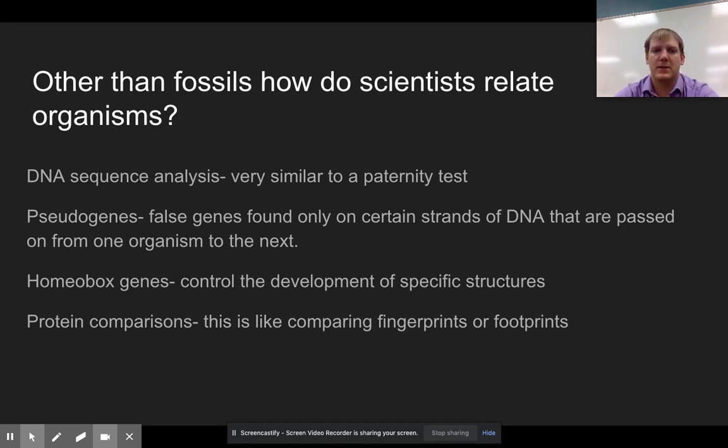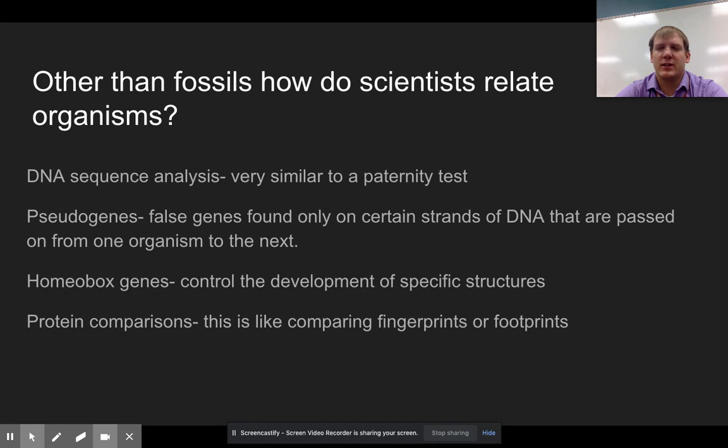Lions have specific genes that don't code for anything, and scientists have been able to find and label those genes. So if we find a specimen and we're not sure what it is, we can look to see if it has this specific sequence of genes. If it does, then it's more closely related to whatever species we're talking about.